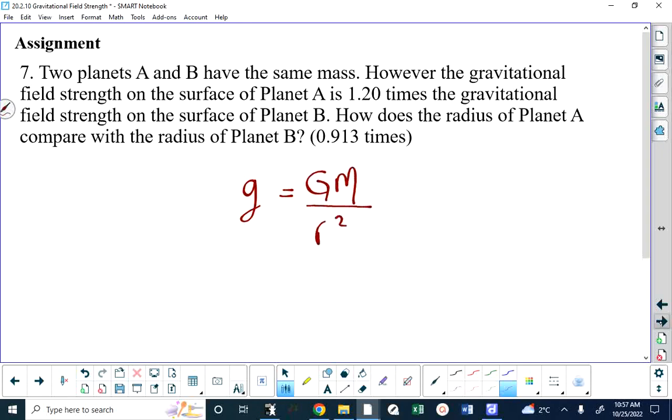Whether you're talking about planet A or planet B, everybody, this is the formula you would use to find gravitational field strength. So we have planet A and planet B, and we have this formula.